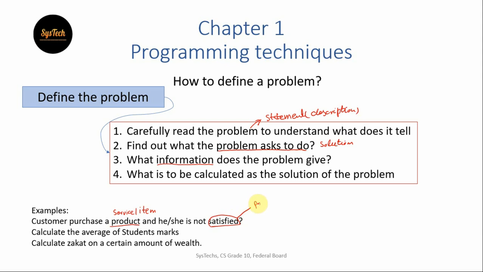Maybe it is the performance, the product is not performing well. Maybe it is the user interface. If the user is not comfortable with the interface, then it can be one of the problems. And also maybe the program is not user friendly, it is not easy to use.